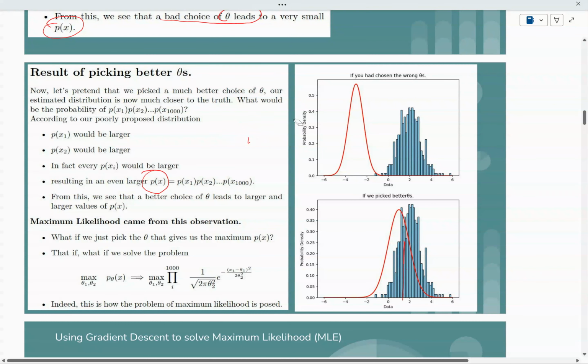And from this, we see that if we find a theta, mu and sigma in this case, then it leads to a larger and larger value of the joint distribution. Okay? The idea of maximum likelihood came from this observation.